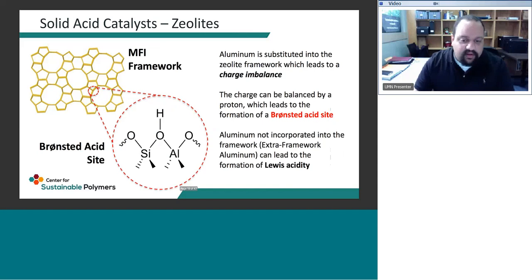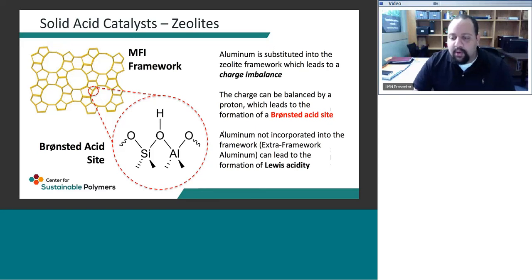Now, switching gears a little over to solid acid catalysts, where some of the most famous examples are zeolite materials, where essentially you have a silicon framework, such as the case here with this MFI framework that was developed by Mobil. Into that you can incorporate aluminum atoms at certain locations, and what this creates is a charge imbalance, which can then be corrected by placing a proton, and that's what generates your Bronsted acid site.